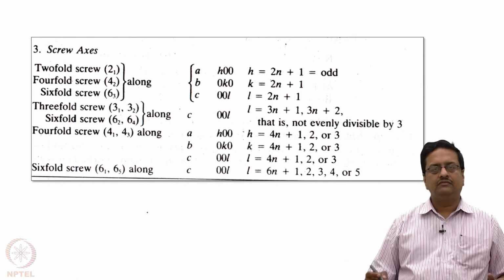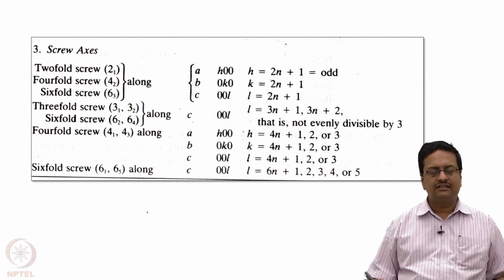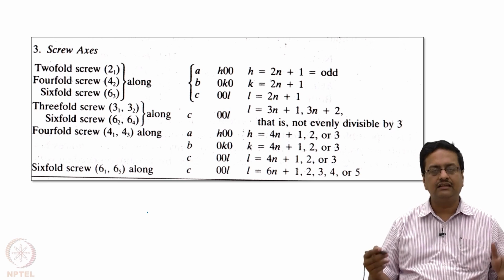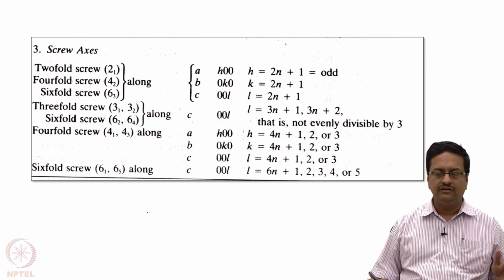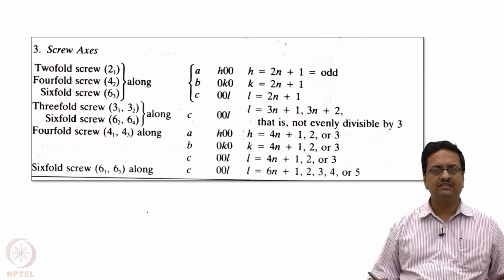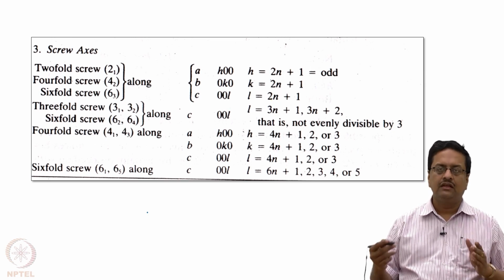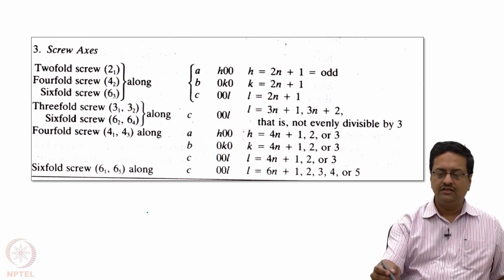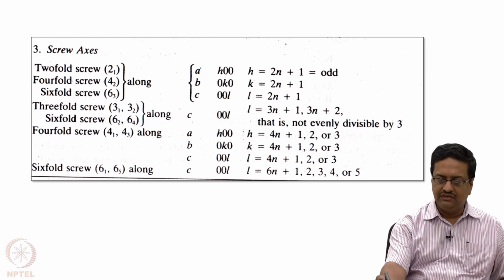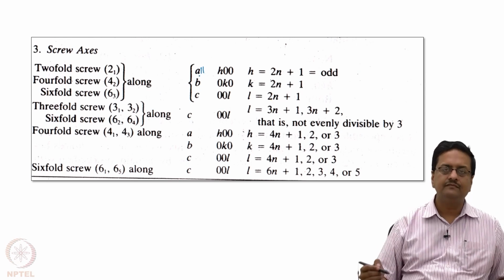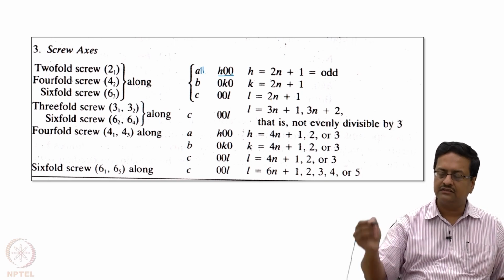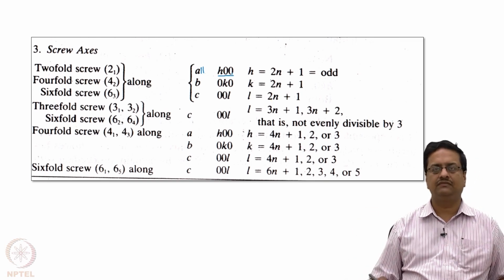In the same manner, when we have a screw axis, it can be a 2-1 screw, 3-1 screw or whatever, any kind of screw axis parallel to A, B or C can give rise to systematic absence conditions. If the screw axis is parallel to A, then the reflections that get affected are the H00 reflections.